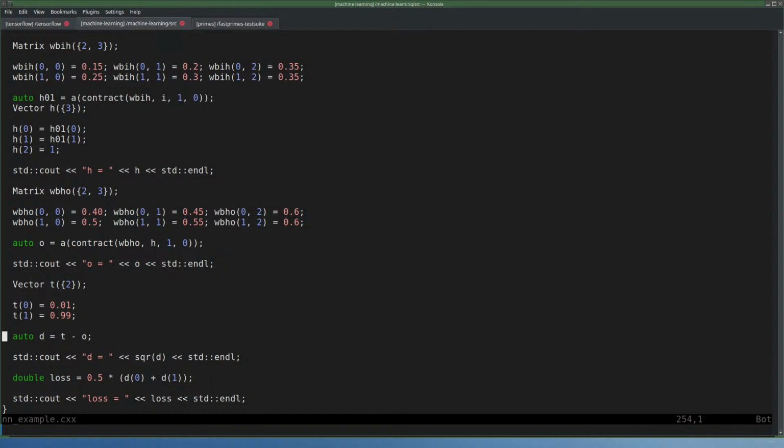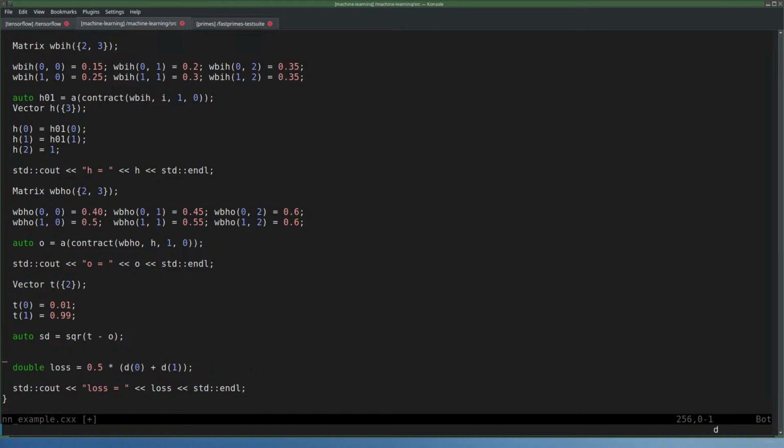Let's do it like this then. Let's call this the sum of differences. No, the square of differences. I need the square of that. Don't need to print it.